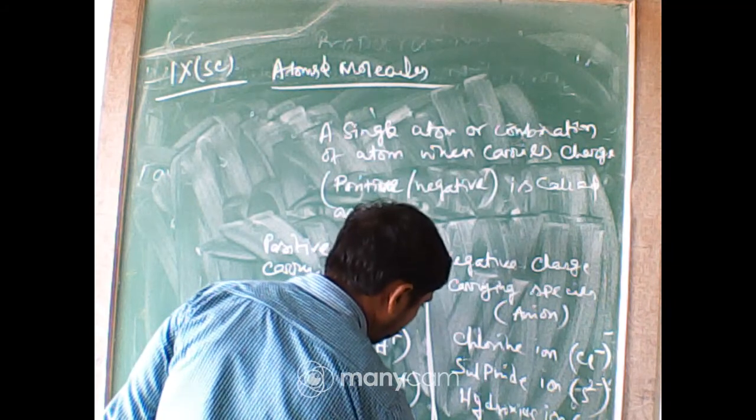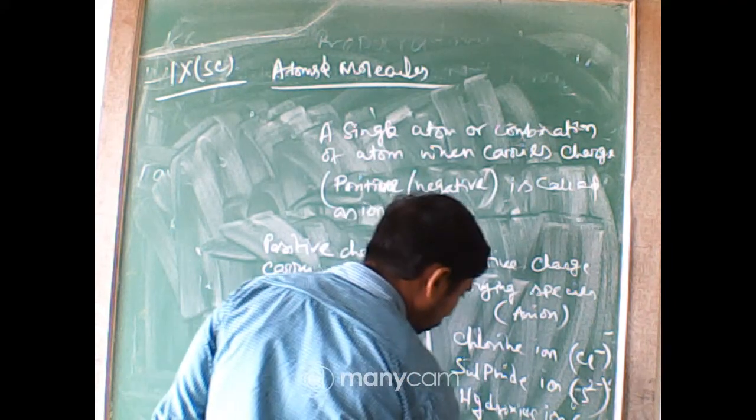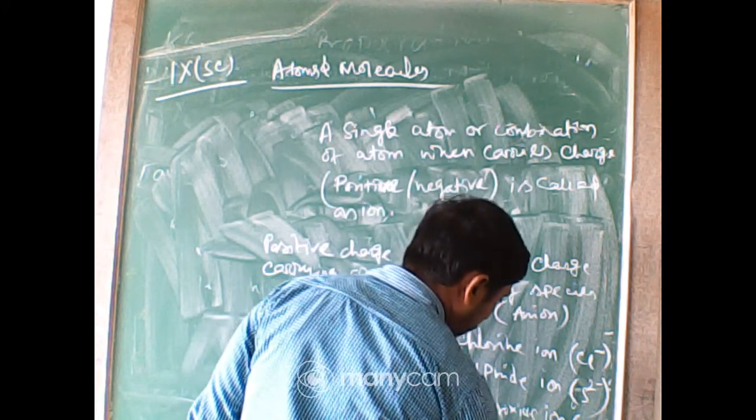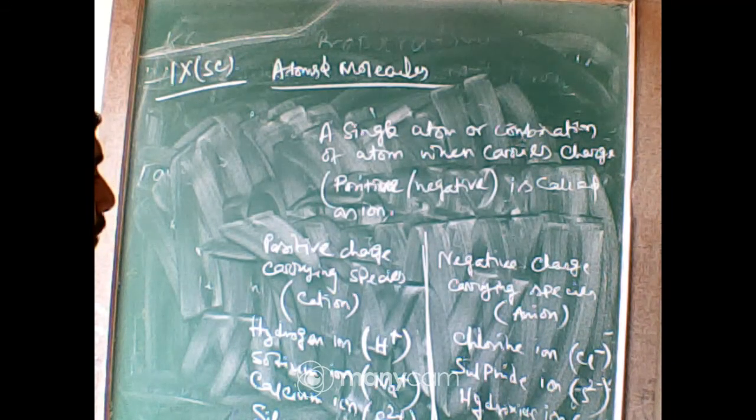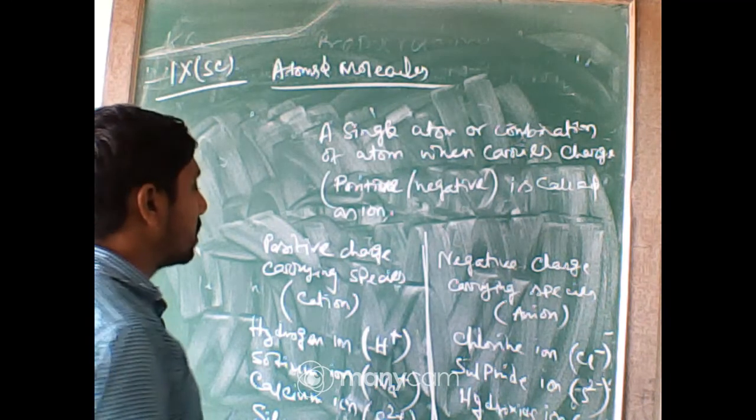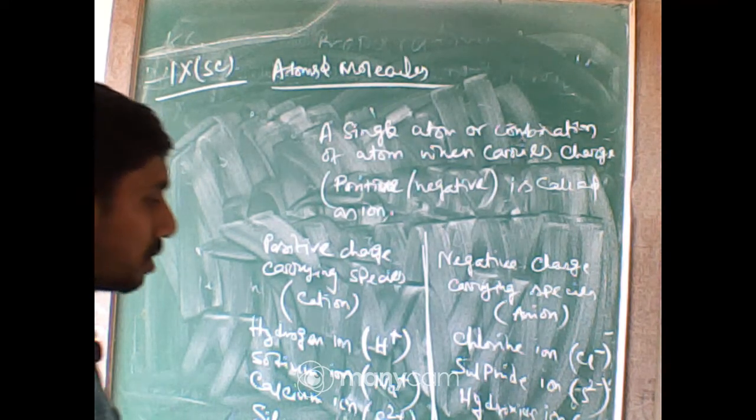Nitrate ion, NO3 minus. So, in this way we will represent different species. One is cation, another one is anion.